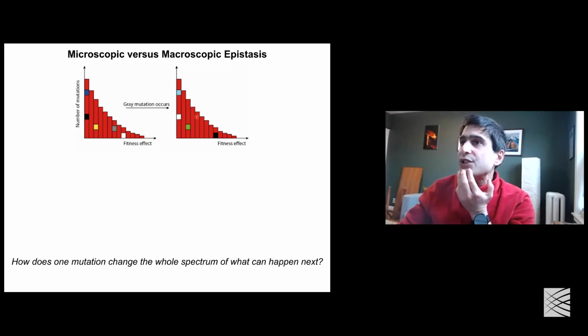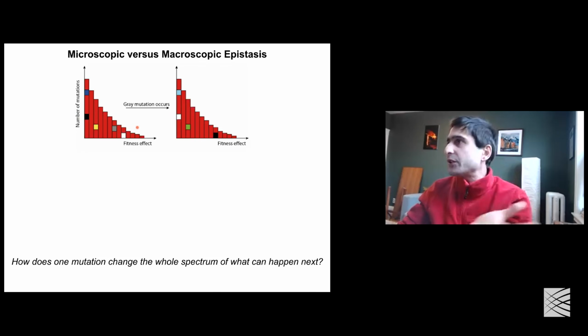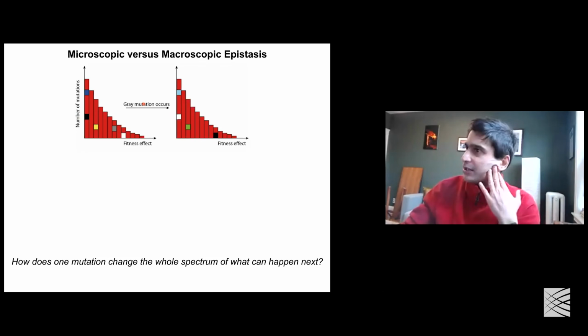And the gray mutation occurs, and you might have a lot of pairwise epistasis where this blue mutation is no longer beneficial, the yellow mutation is no longer beneficial, the white mutation, instead of being strongly beneficial, is weakly beneficial, and the black mutation, instead of being weakly beneficial, is now strongly beneficial. But the overall distribution of fitness effects doesn't change.